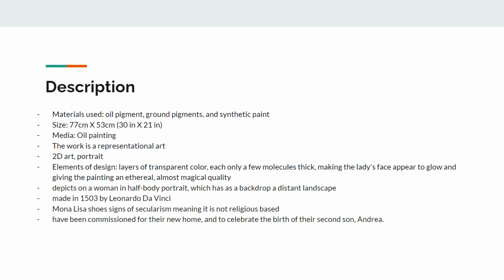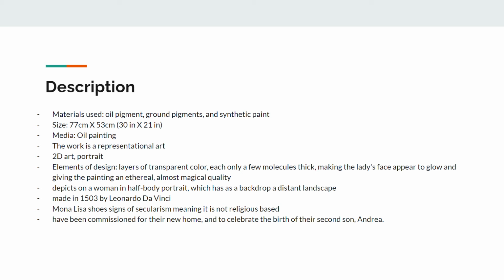The size for the Mona Lisa is 77 centimeters by 53 centimeters, which is 30 inches by 21 inches. The media used is oil painting, mainly pastel types. Hand brushes are used when creating this Mona Lisa.